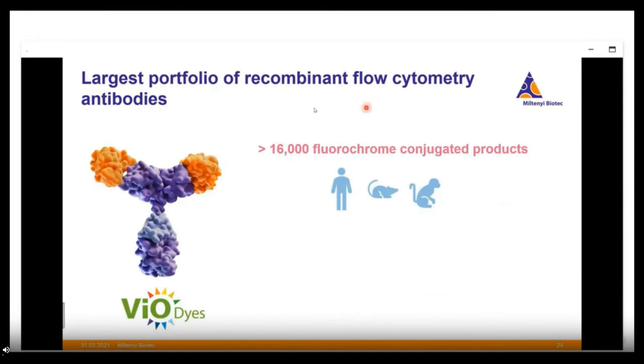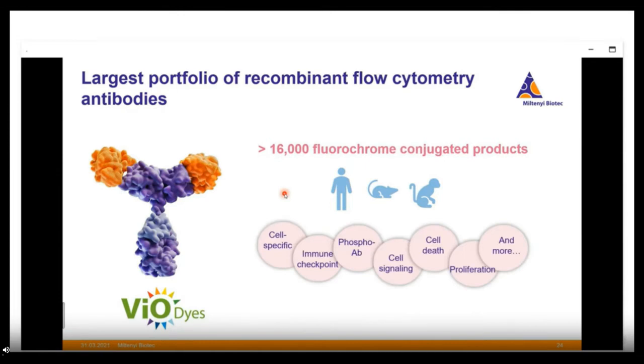And also as a final product, our antibodies are conjugated to our highly bright biodyes family, and all together we have more than 16,000 fluorochrome conjugated products, whose specificity ranges from human to rodent as well as non-human primate.